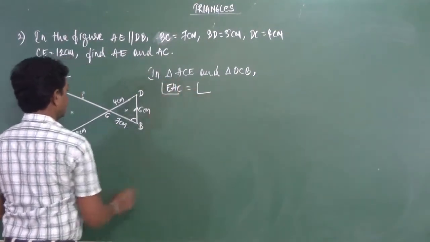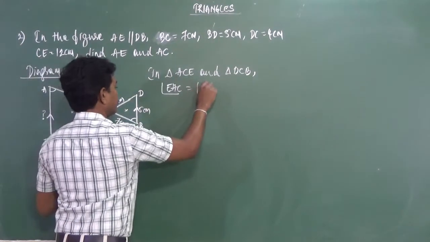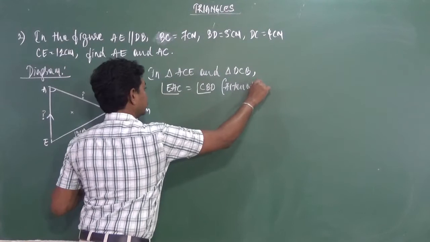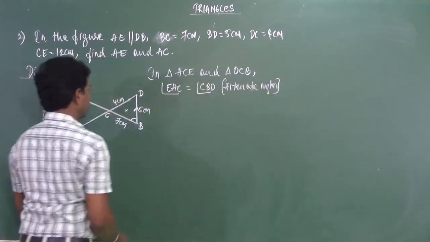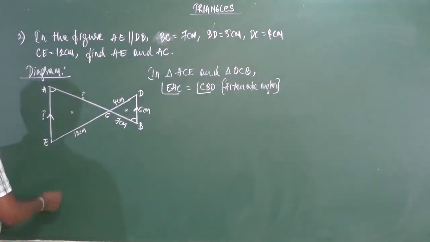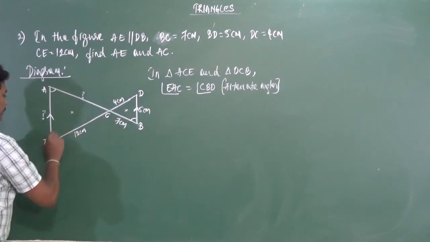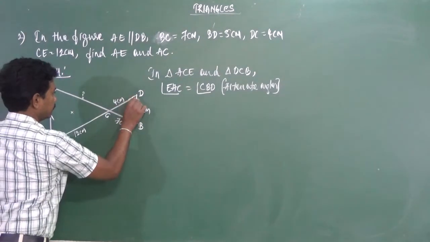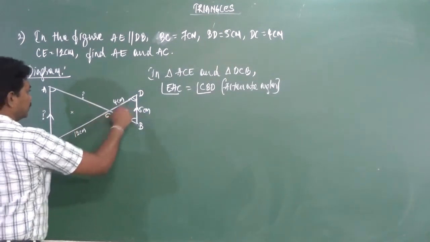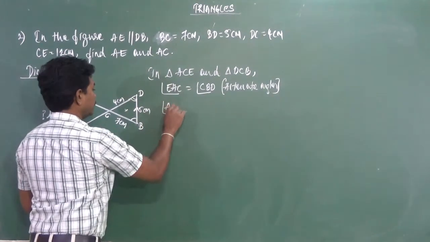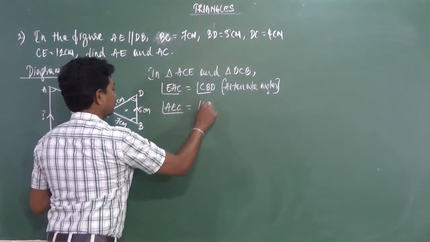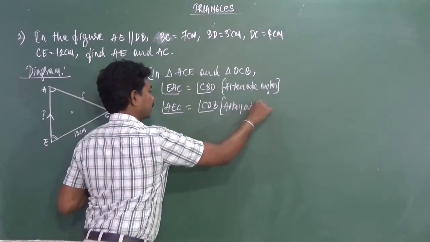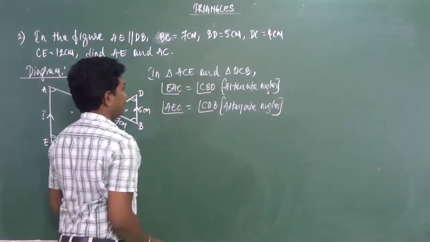So they are alternate angles. Another pair we can take as alternate angles here. So angle AEC is equal to angle CDB. The reason is alternate angles again. Okay, enough.